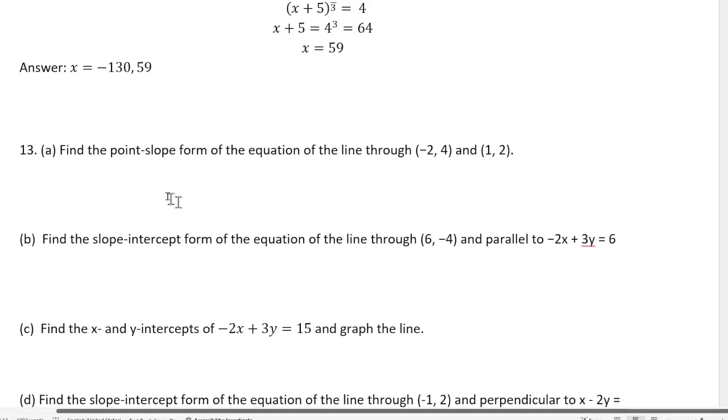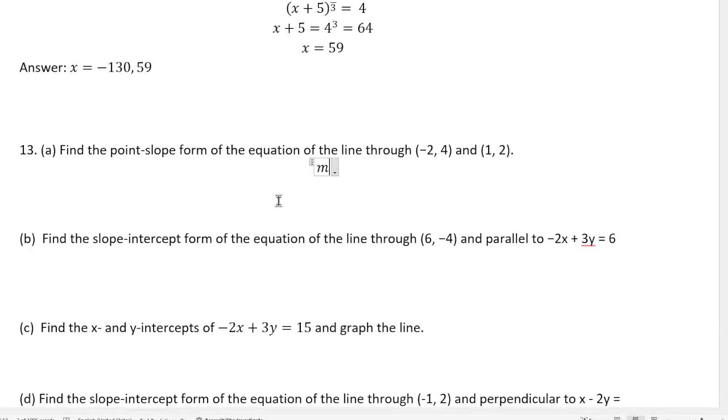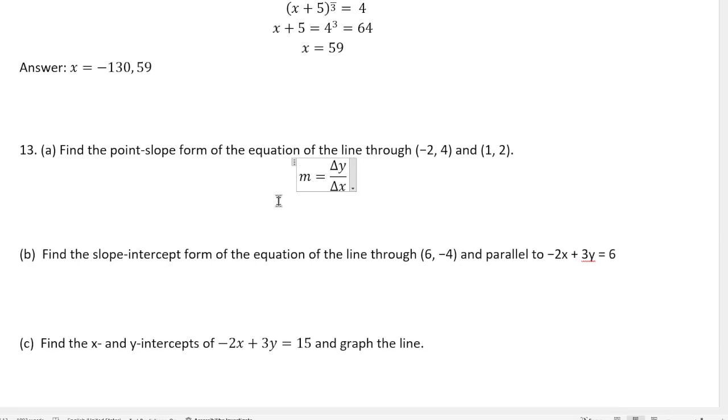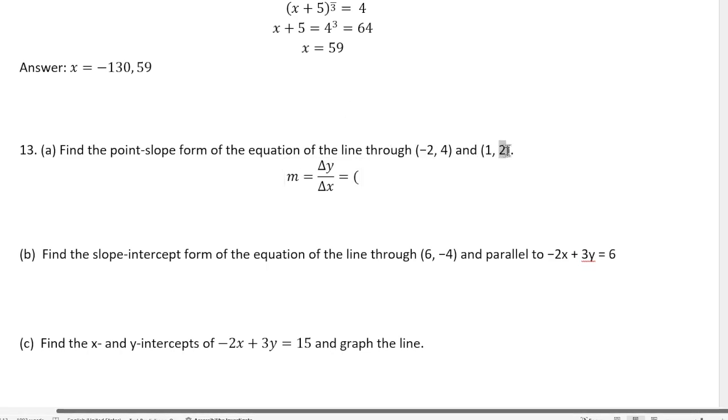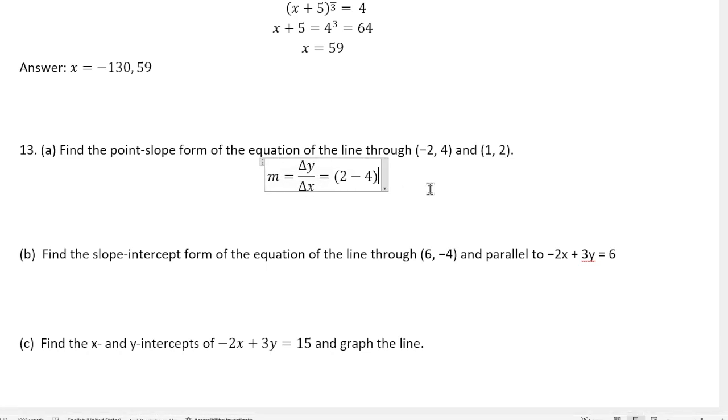Alright, now line equations. So you have to know that slope is equal to change of y over change of x, right? And change of a quantity is always terminal value minus initial, so you have to do 2 minus 4.